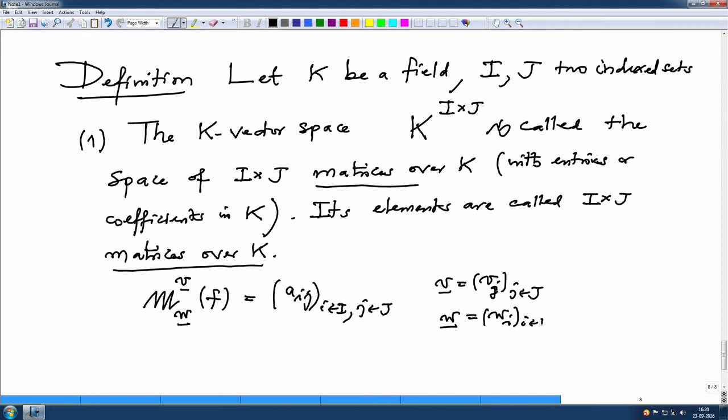This is a basis of V, this is a basis of W, and with respect to these two bases we have defined the matrix of f.